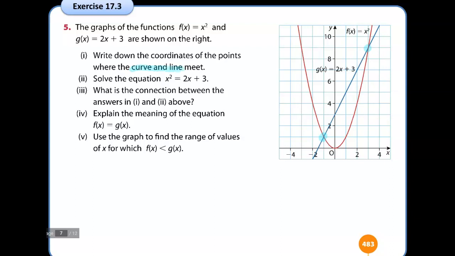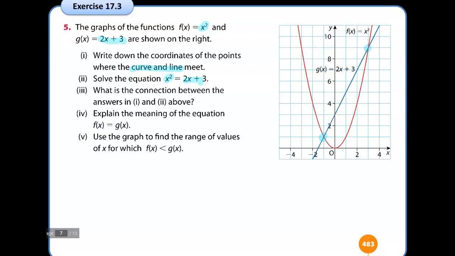The next part is getting you to look at the red curve and the straight line, and they're asking you to solve the equation where the two are equal to each other. The two are equal to each other when the two intersect.